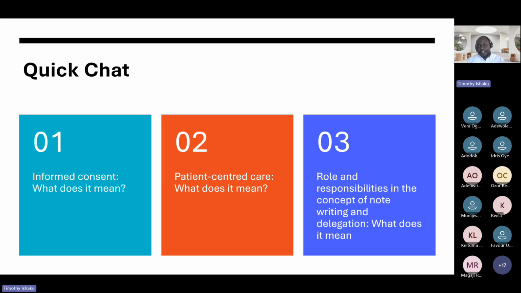There are several times a patient comes to our clinic and we don't understand what they are saying. They don't understand what we are saying. How do we communicate to them? That's why you have an interpreter that helps translate what you are saying to the patient.